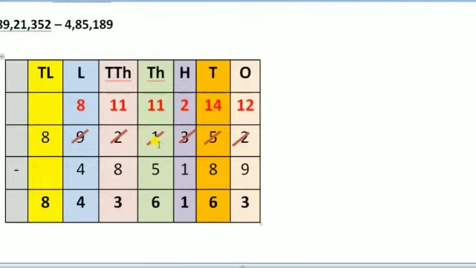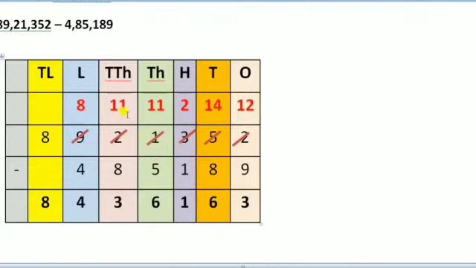Next number, 1 minus 5. Not possible. Again 1 goes to the next column and asks to lend one. So 2 lends 1 to this 1, the number becomes 11, and this 2 becomes 1. 11 minus 5 becomes 6.